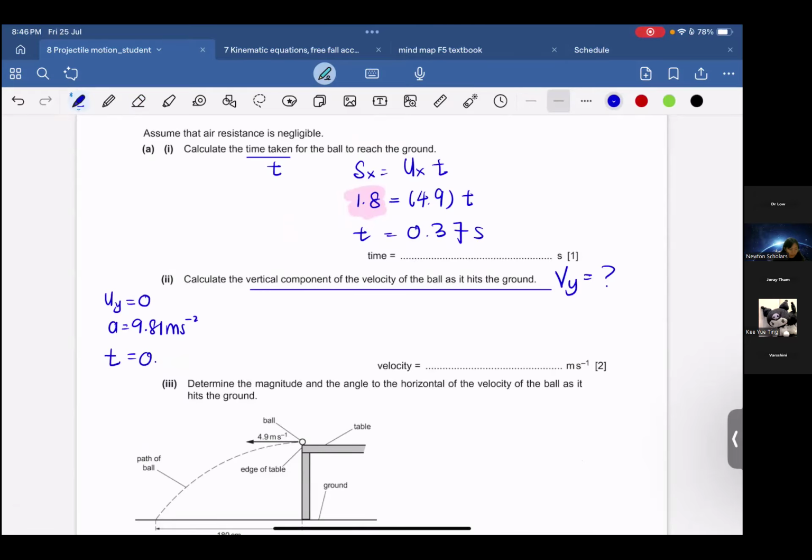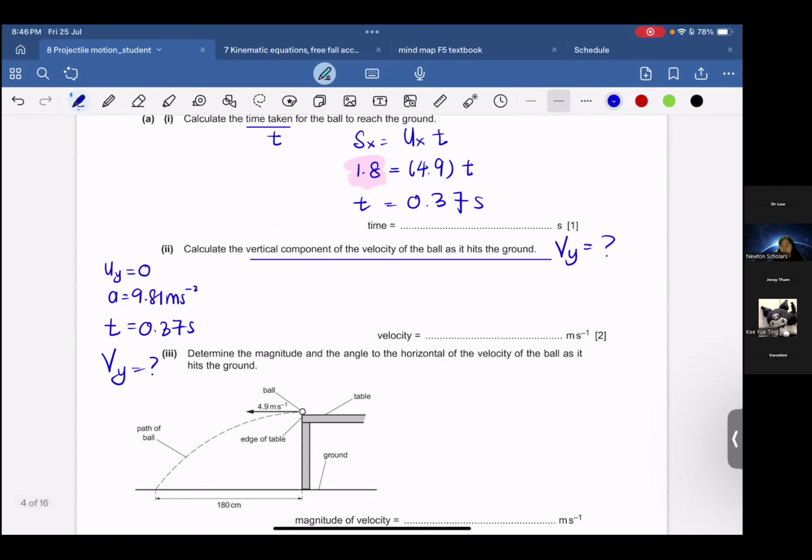Whatever I know, I list it down. So what formula do you use and what is your velocity? 3.63, correct. Prasan, correct. The answer should be 3.63.